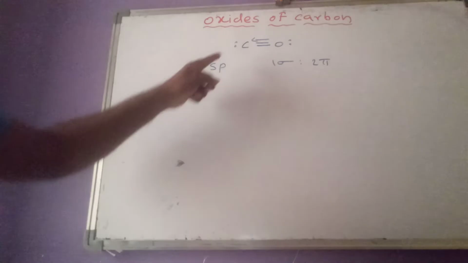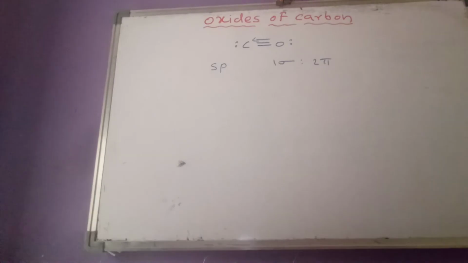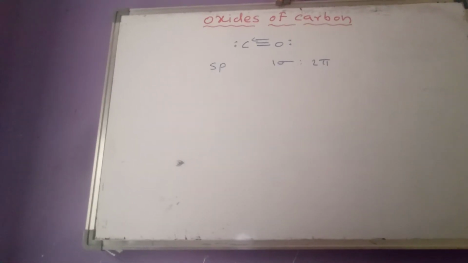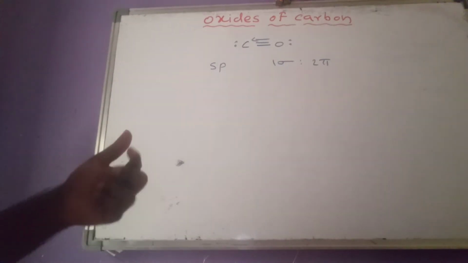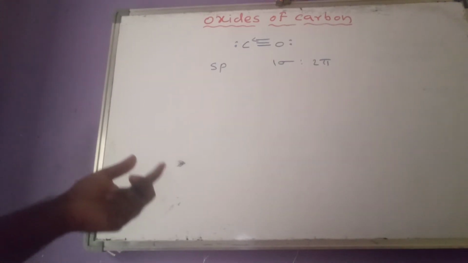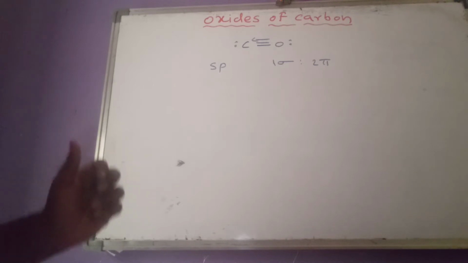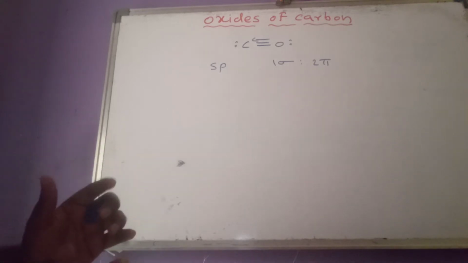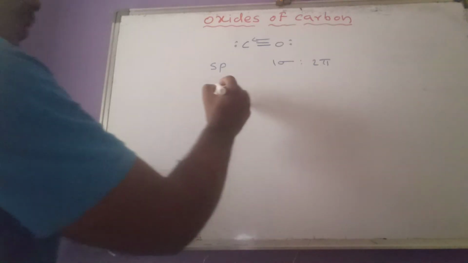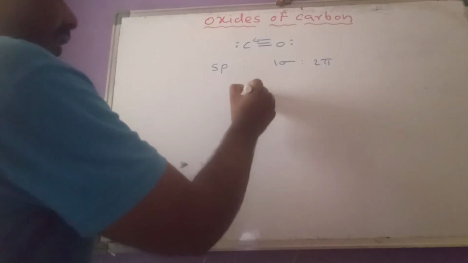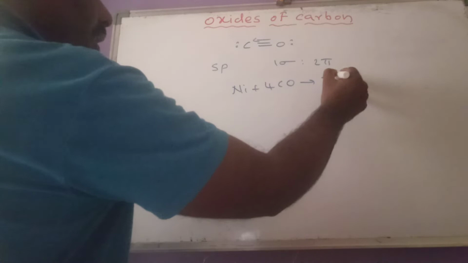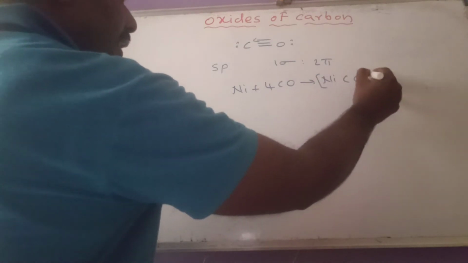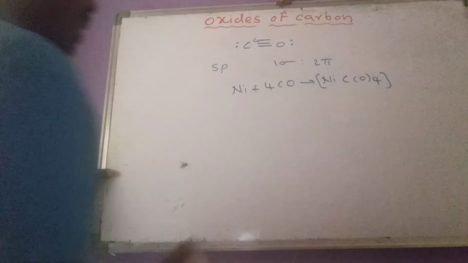Due to the presence of a lone pair of electrons on carbon, CO forms dative bonds with transition metal ions and forms complex compounds. One example here: nickel reacts with 4 moles of CO and produces nickel tetracarbonyl.